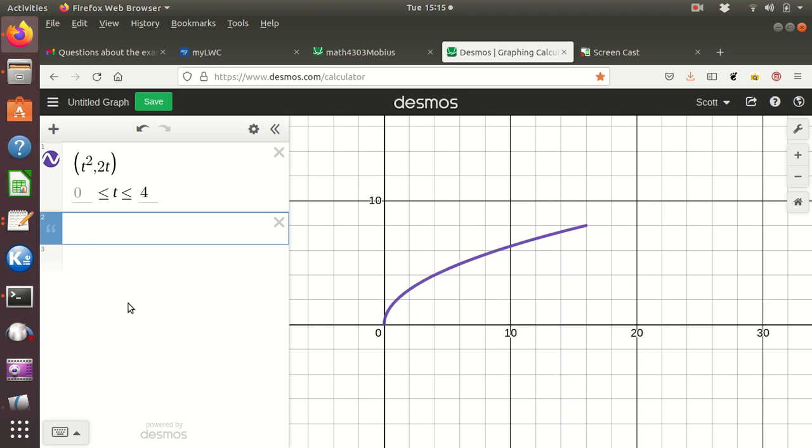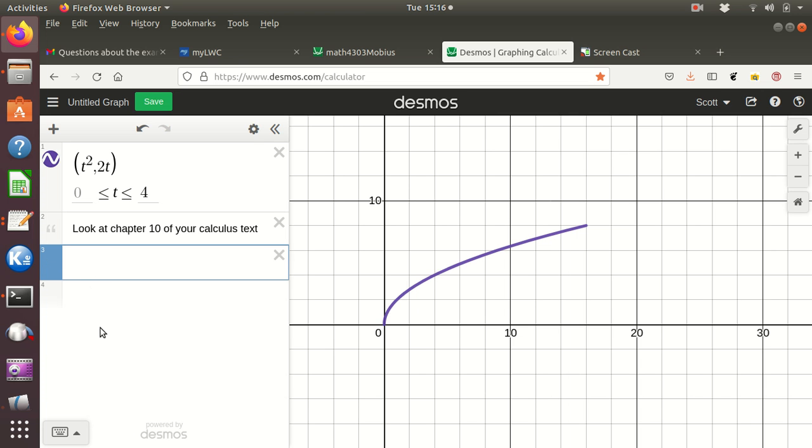If you go back and you look at chapter 10 of your calculus text, it will have a bunch of paths in there, some very pretty ones, some very interesting ones.